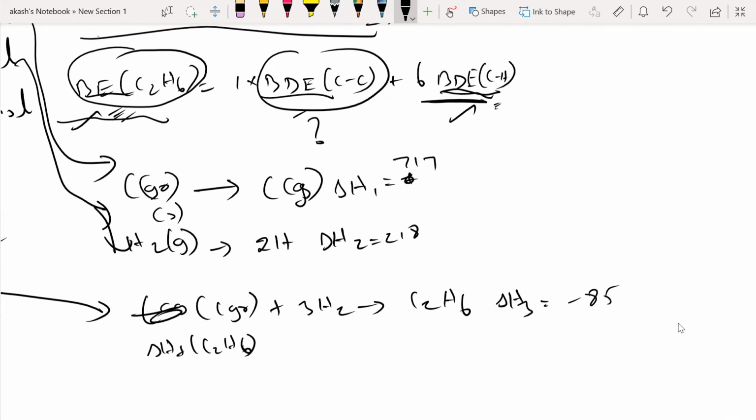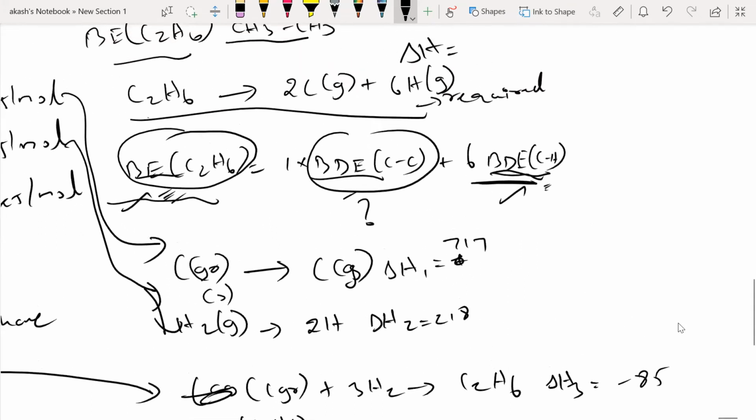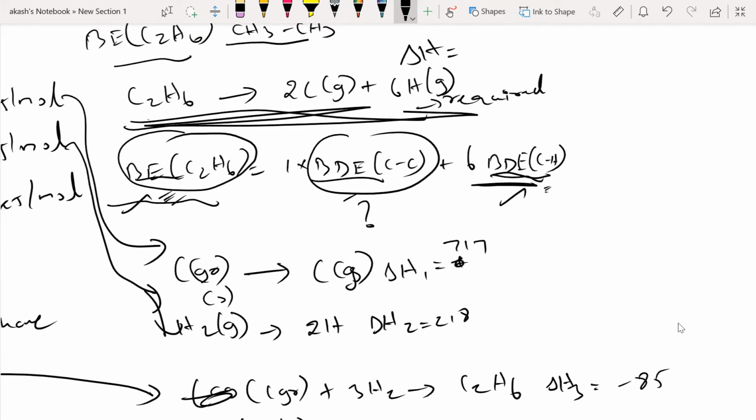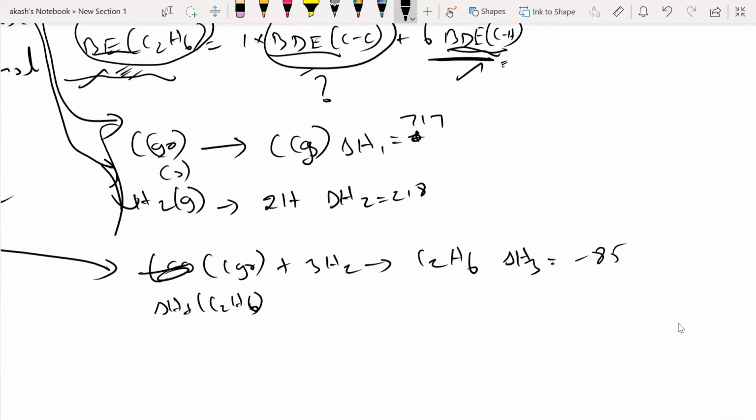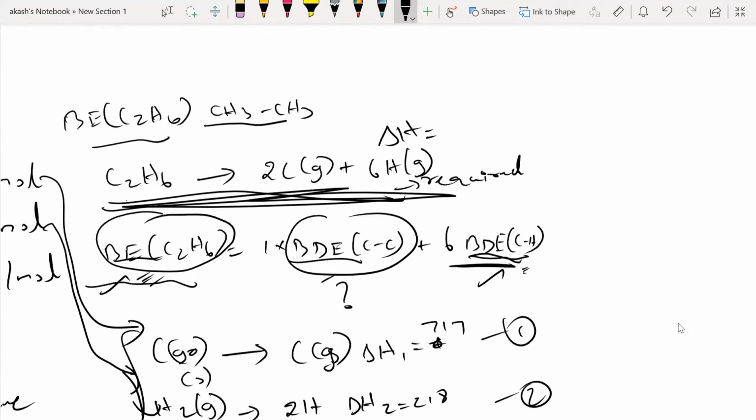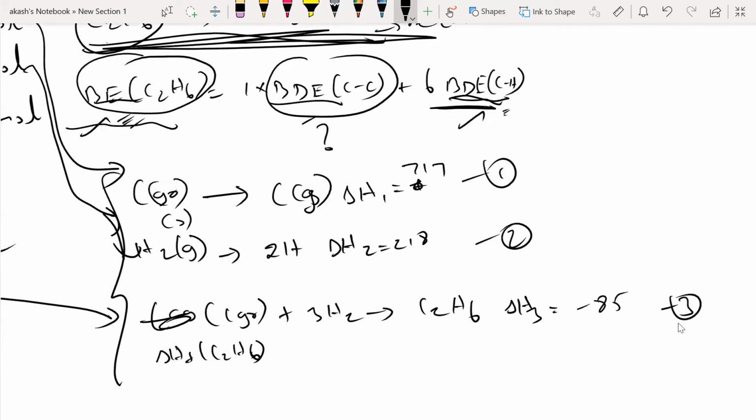Now what are we going to do? This is your required equation, the bond enthalpy of C2H6, and these three are your given equations. Let me call them 1, 2, and 3. Something I'm going to do to these equations so that we get the required equation.